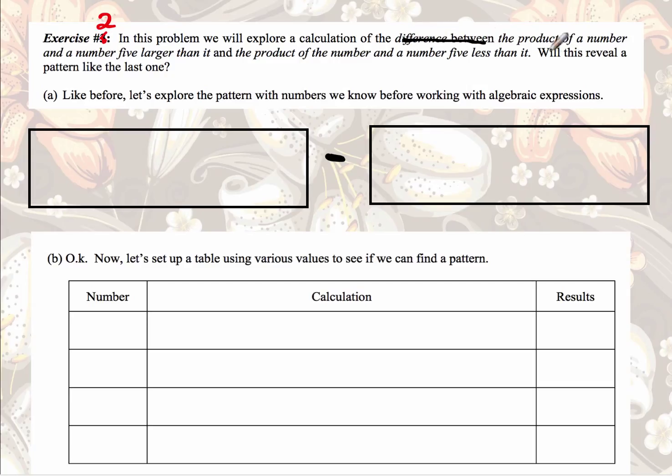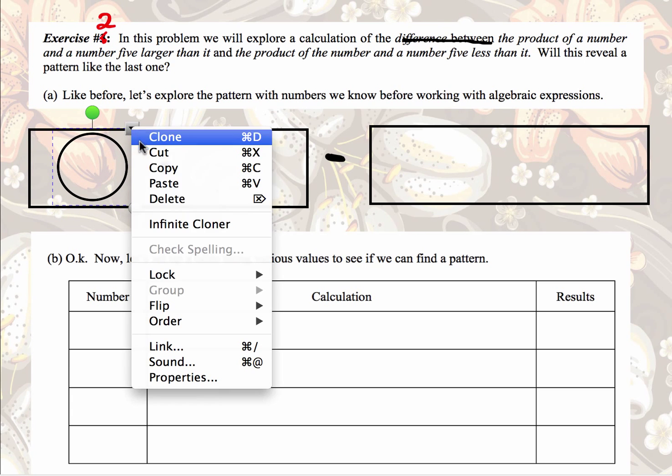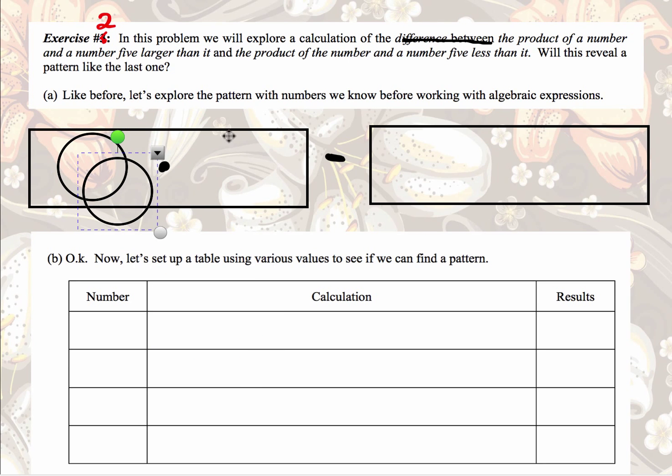Between the product of a number. Oh, product means I'm going to be multiplying. So within here, I'm doing even more multiplication. So I'm going to have something here, and I'm going to have something here.